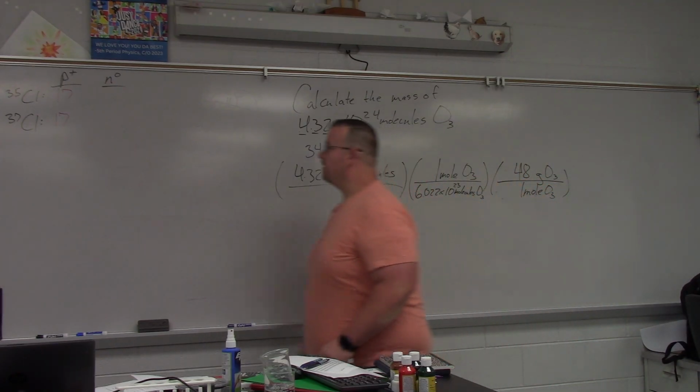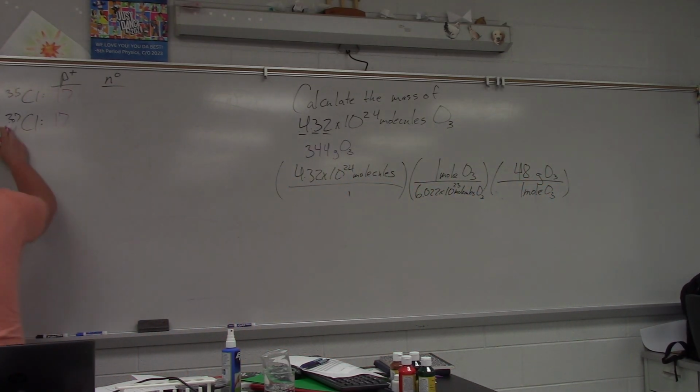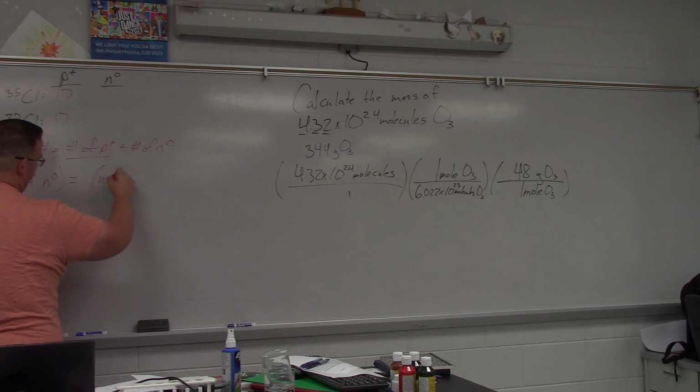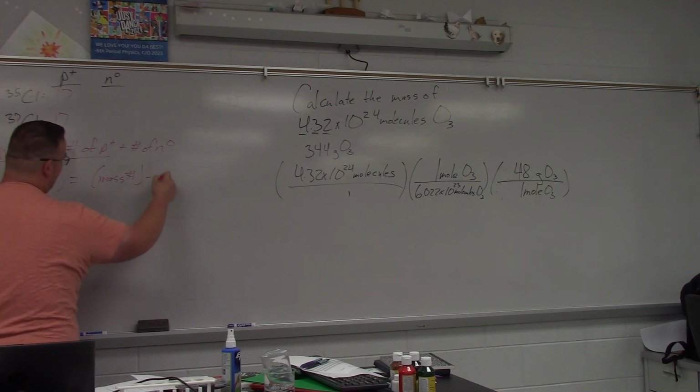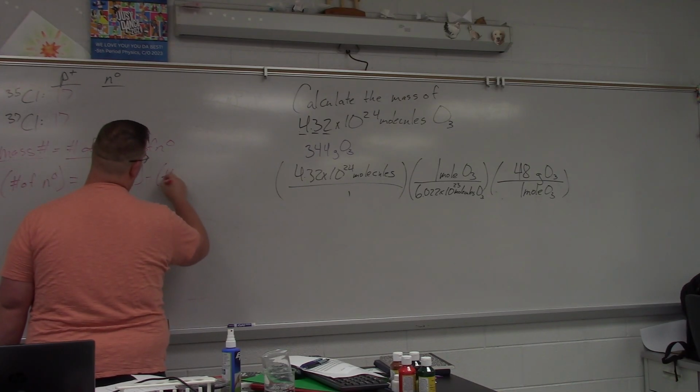This is where we have to figure out the number of neutrons. Remember what these numbers are. The 35 and 37 is what we call the mass number. The mass number is equal to the number of protons plus the number of neutrons. So if I want to find the number of neutrons, it will be equal to the mass number minus the number of protons.